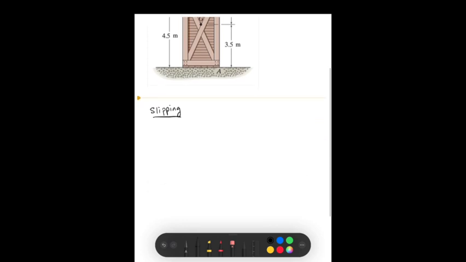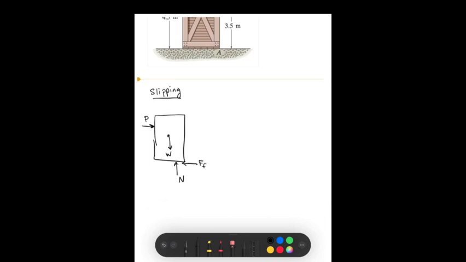And if we assume that, our free body diagram will look like this. We have the weight, the pushing force P, and we know that the normal force is somewhere under the crate, and we have the friction force.